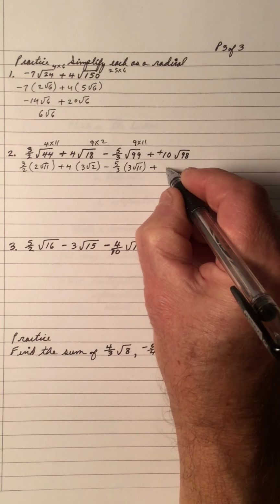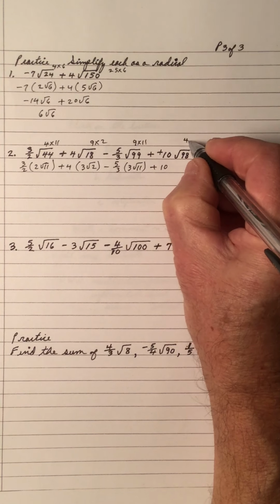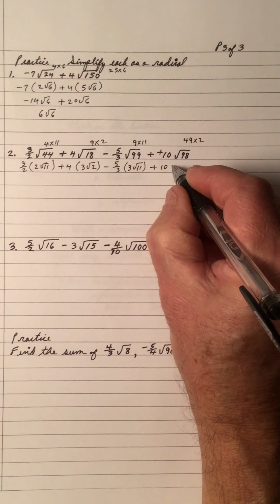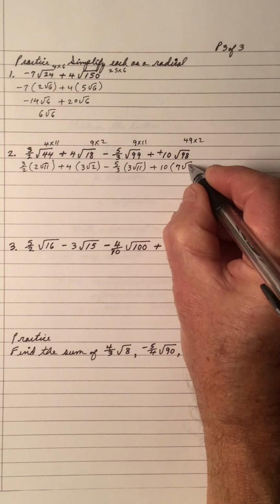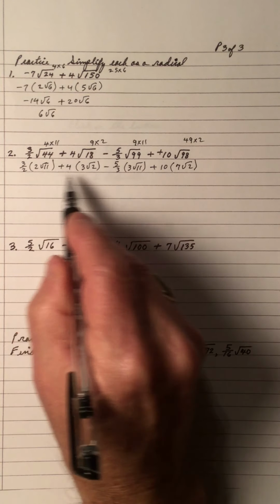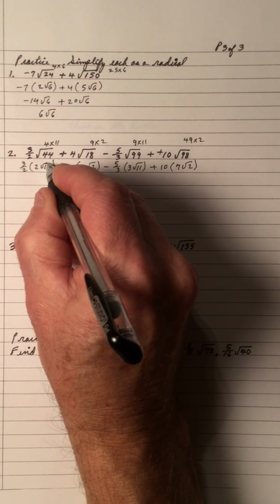And I have a plus 10, so 98 is 49 times 2. It's even, so I divide by 2, I get 49. So that's a 7 root 2. Most times, if you see 4 terms, notice I got a root 11 twice and root 2 twice, which means you're doing okay.